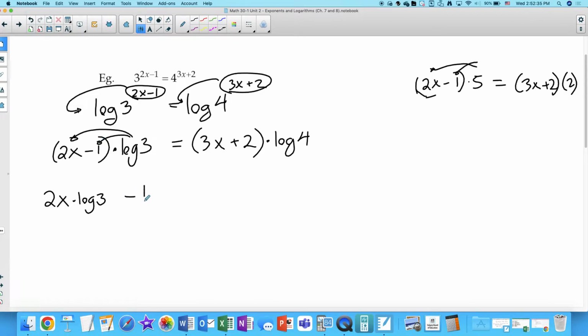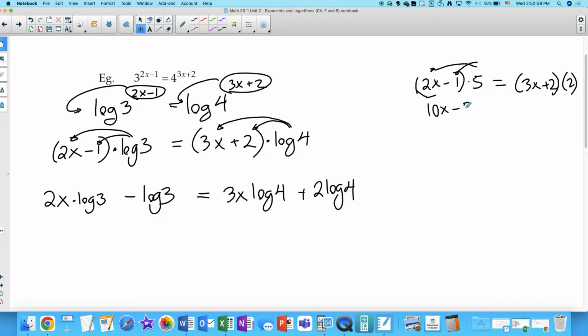And then on this side, we're going to have 3x log 4 plus 2 log 4. Okay, so if we were to do that, here we would have like 10x minus 5 equals 6x plus 4. I've expanded the 5 into the left side and the 2 into the right side.